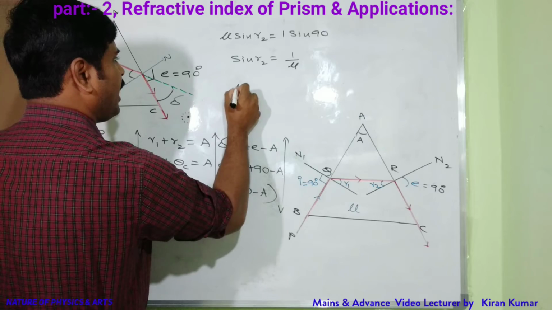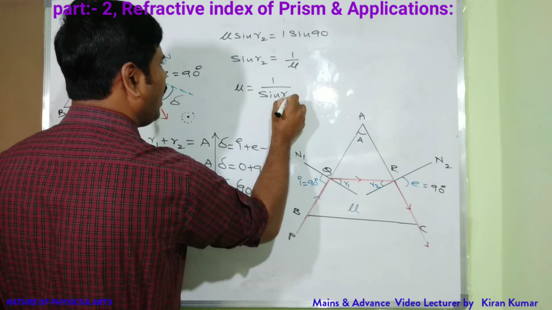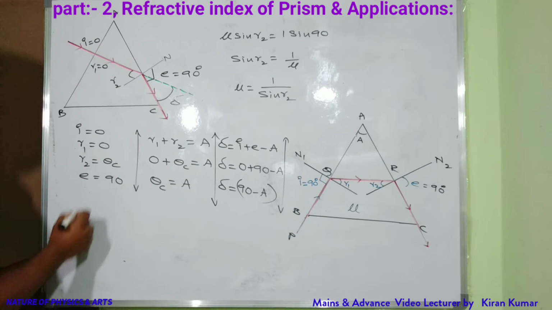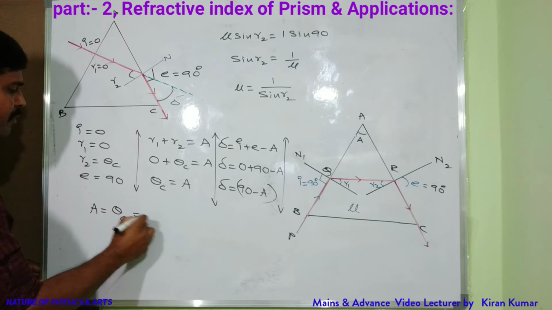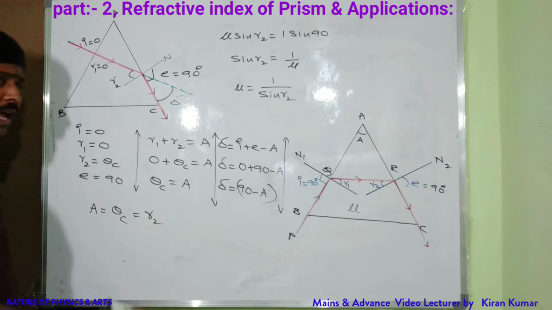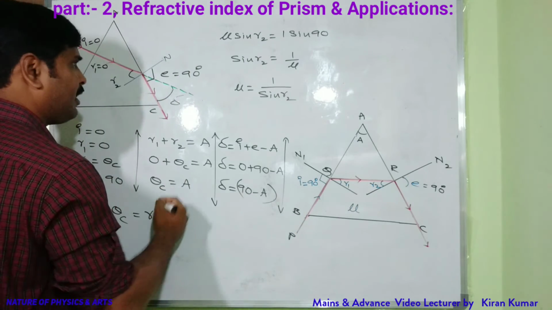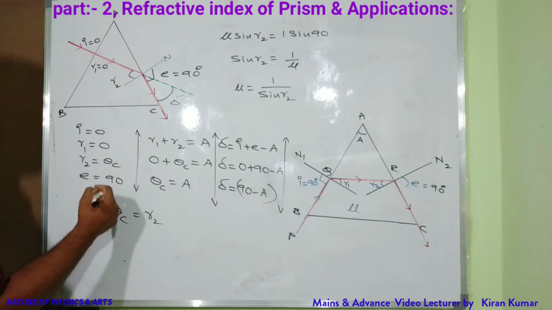Then we can write mu is equal to 1 divided by sine r2. Try to understand here, the relation A is equal to theta C we got, which is equal to r2, the angle of refraction at the second refractive surface.